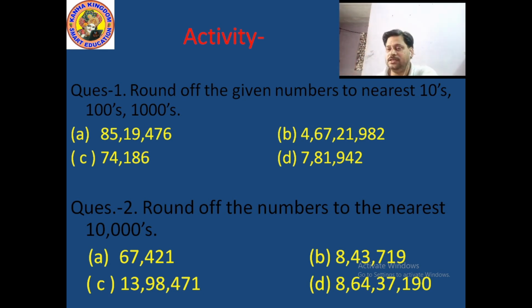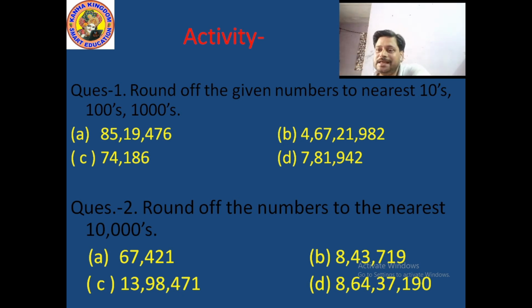Whatever the digit in the tens place, you just add one to it. The rest, the 100 place, then comma, then 1000 place, 10,000 place, comma, lakhs place, 10 lakhs place, comma, crore place, all are the same.